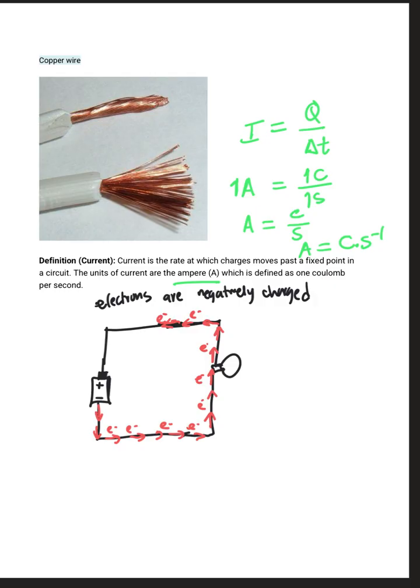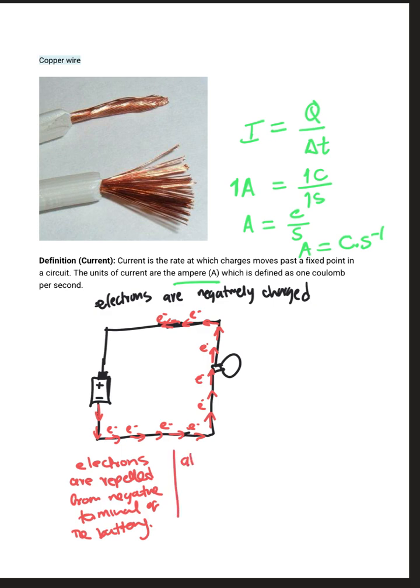So the electrons are repelled from the negative terminal of the battery, and then they are attracted towards the positive terminal of the battery.